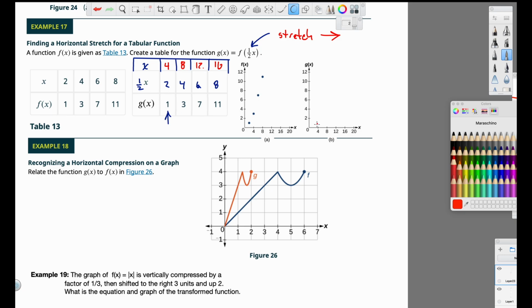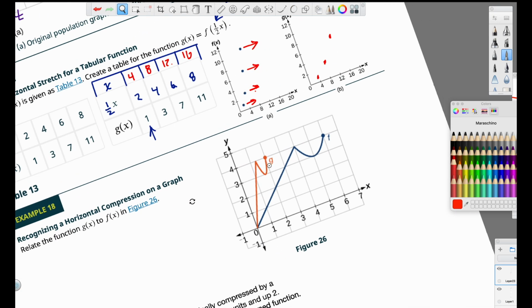So it's going to come out over here: 4, 1, 8, 3, 12, 7, and then 16, 11, right here. So do you see all these points are getting stretched this way by a factor of 2. We're multiplying all these x positions by 2.